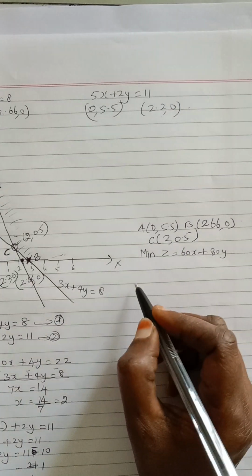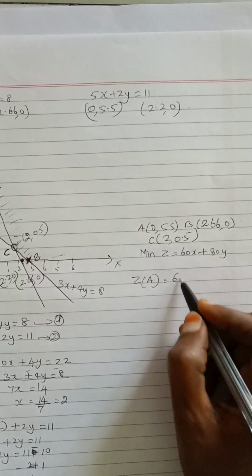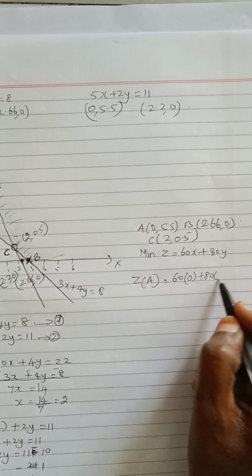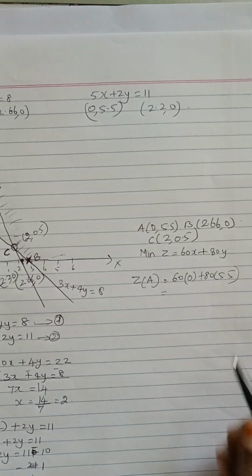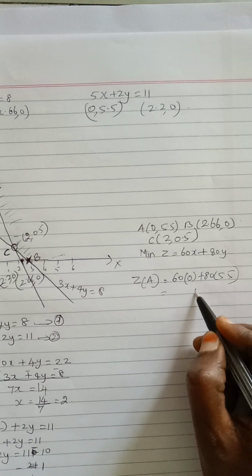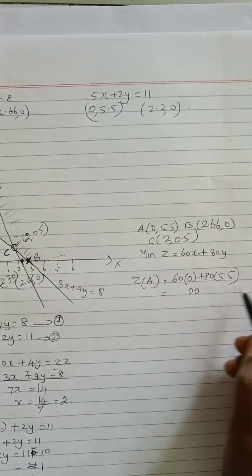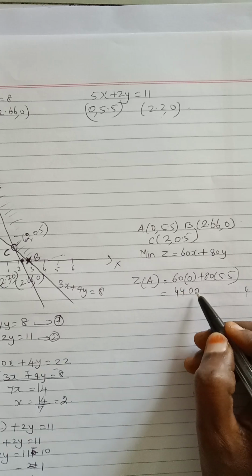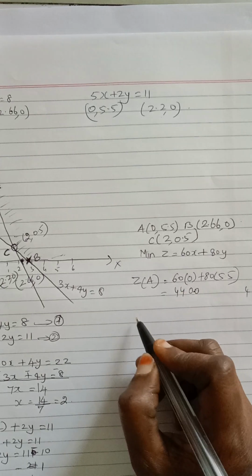Now we'll first find z of A. Z of A is 60 into 0, that is 0, plus 80 into 5.5, so it is 440. So z of A is 440.